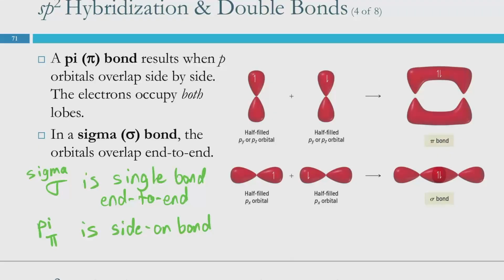Like you go to do a high five, but then you grab each other's hands. That's not going to be very secure if you're trying to keep each other from pulling apart, because you're way out to the side. You don't have very good leverage. So our pi bonds are much weaker, and they stick out at these weird 90-degree angles from our sigma bonds.